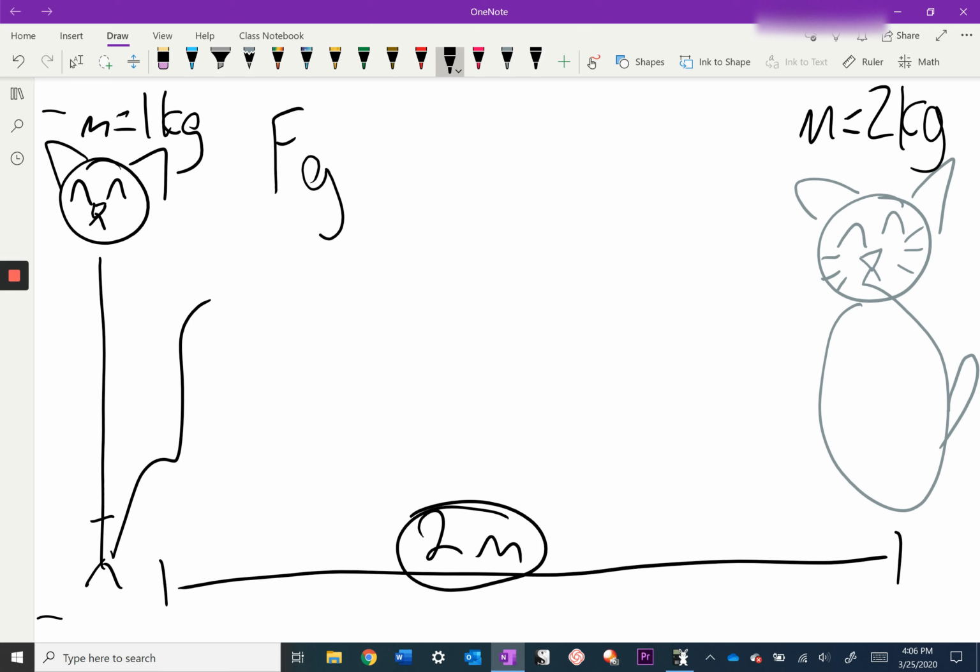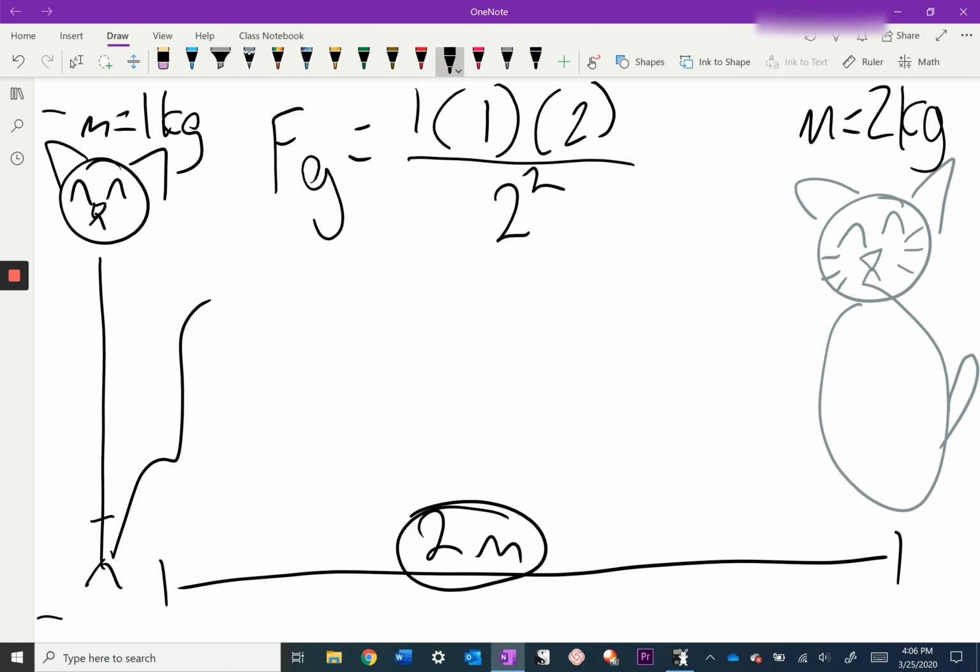So our force of gravity is equal to 1 times 1 times 2 divided by 2 squared, which means our force of gravity is going to be 1/2 of a kerfluffle. Basically, you simplify it, and you can then use this ratio to calculate whatever numbers you need.